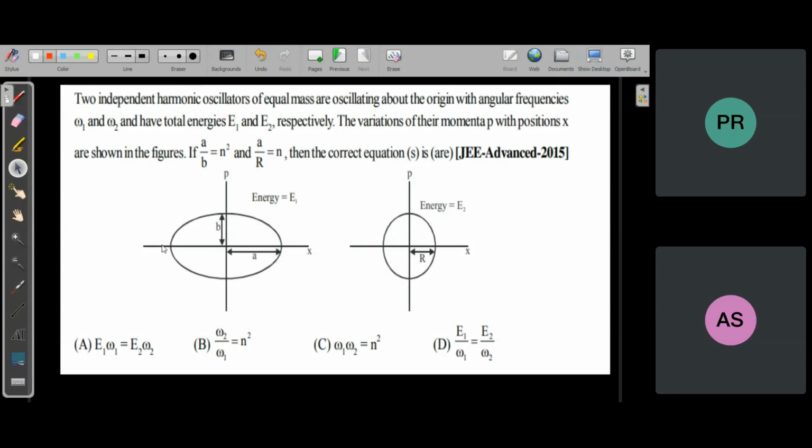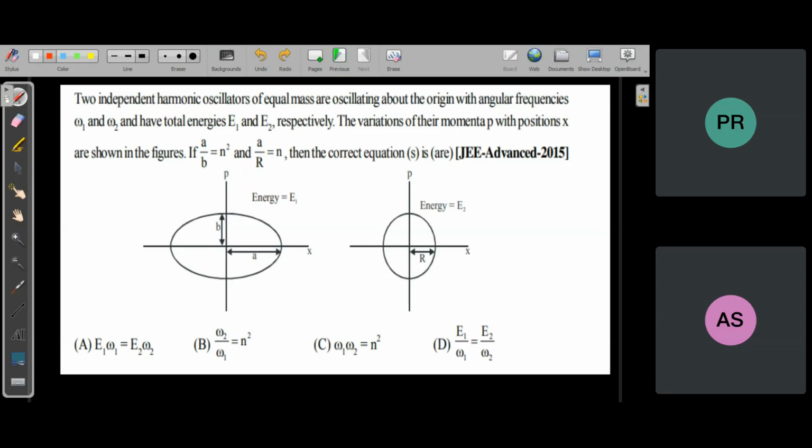So you can write velocity as a function of x equation, and then momentum is nothing but mass into velocity. So momentum equation you can write, and then momentum as a function of x. You will see that the equation will be the equation of an ellipse.